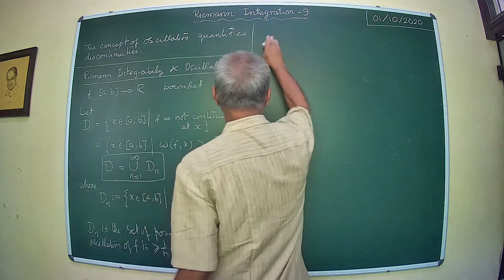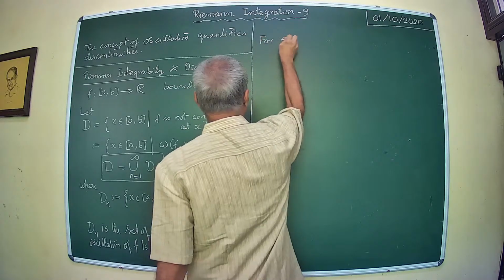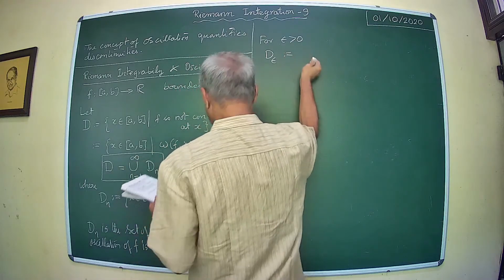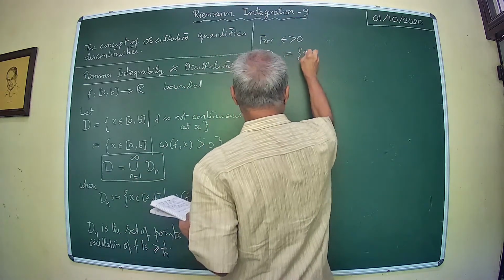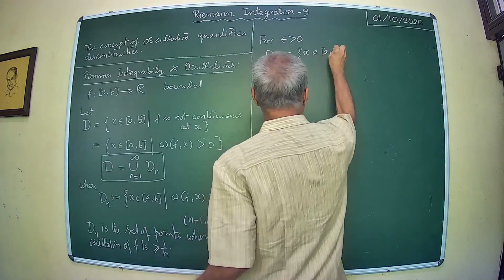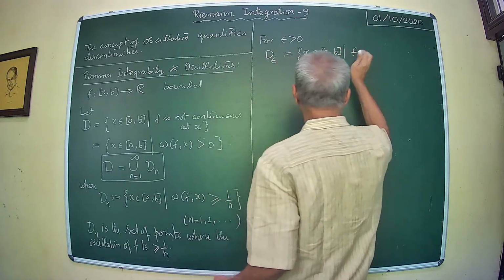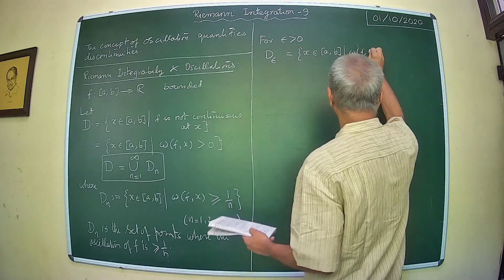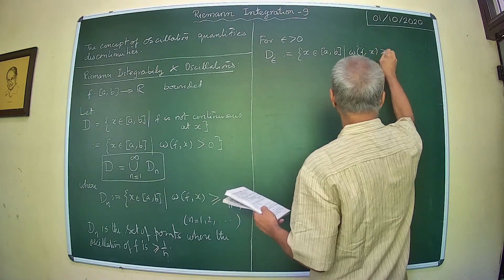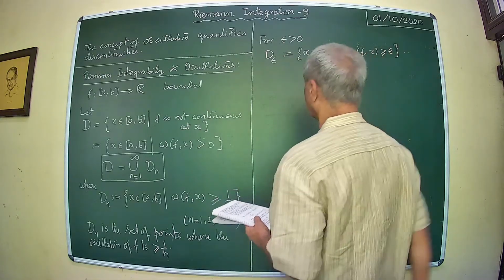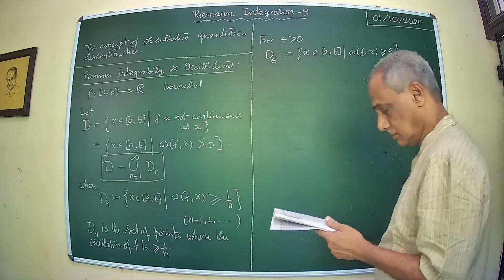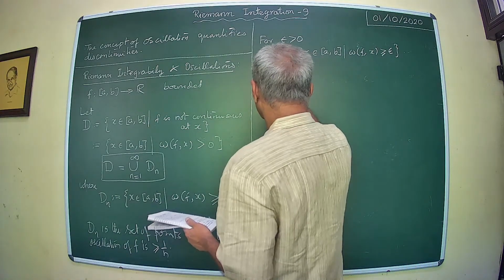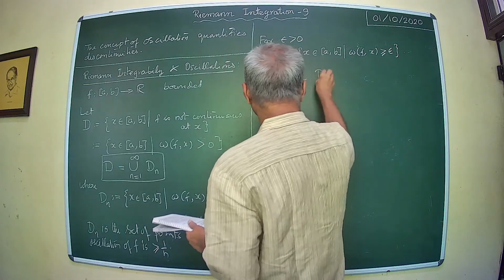Now for epsilon positive, let us define D epsilon, the set of all x such that omega f at x is greater than or equal to epsilon.